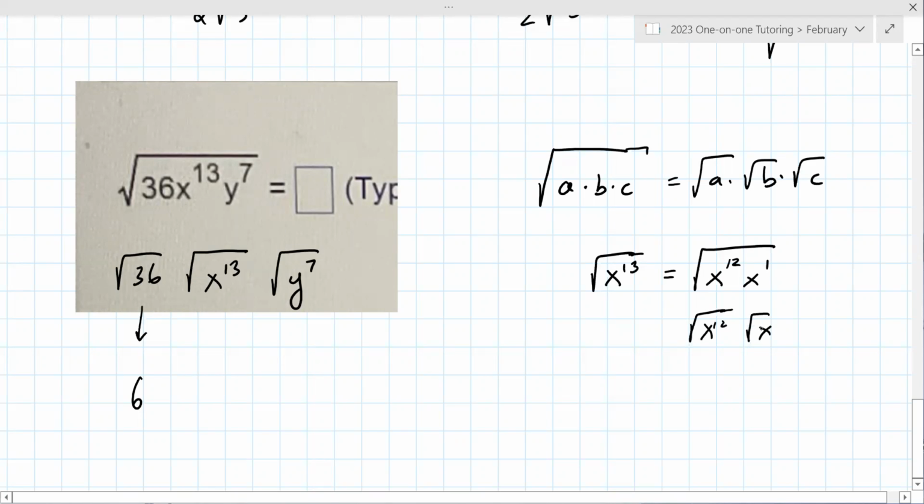Can you tell me what that becomes? x to the 6th, yeah, good. 6 times 6. Because the bases are the same, they add, so you actually just cut it in half. 12 divided by 2 to get 6. That's maybe a better way to remember it. Okay, so we've tackled that. Can you try the square root of y to the 7th? That's very similar to what we just did.